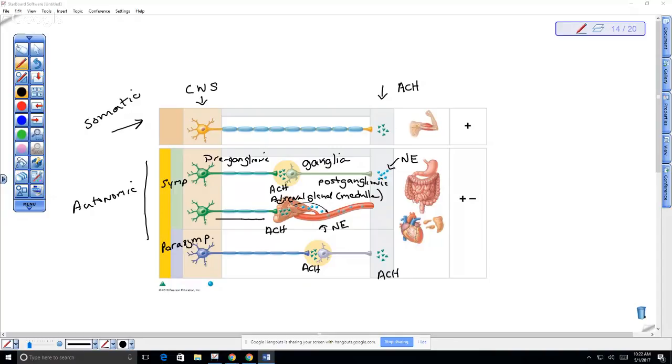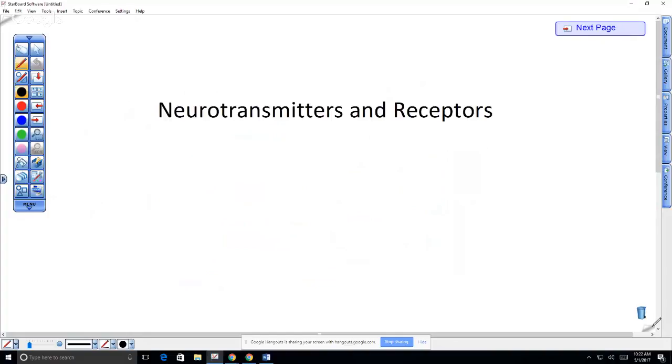Okay, so the next thing that we need to do is talk about the receptors. We can talk about acetylcholine versus norepinephrine, and then the specific receptors that they bind to. When we talk about these neurons, we can talk about what are called cholinergic fibers. Does anybody remember what a fiber is?